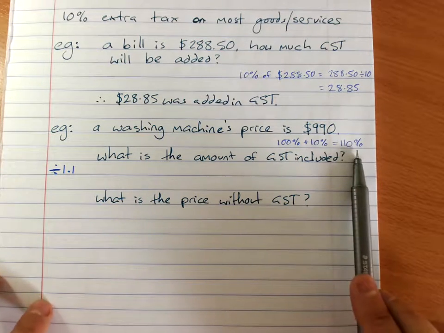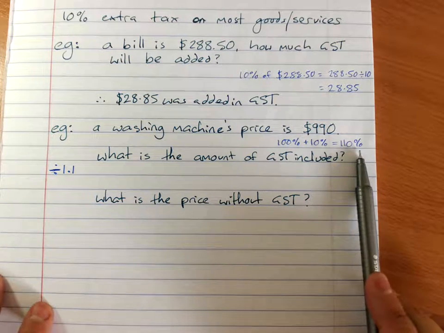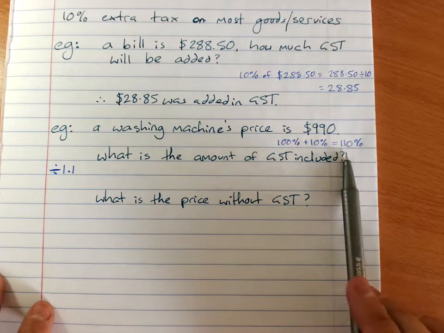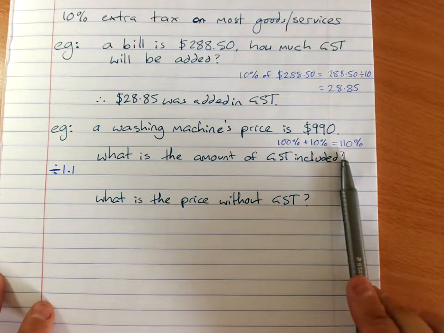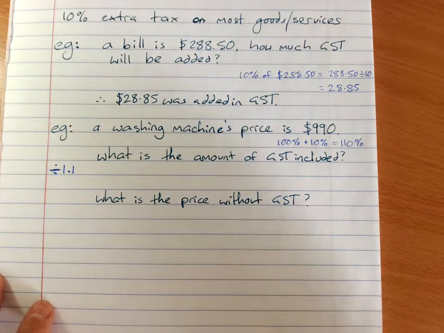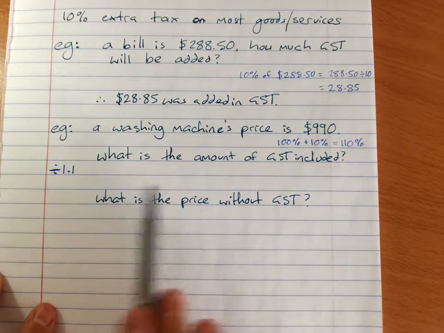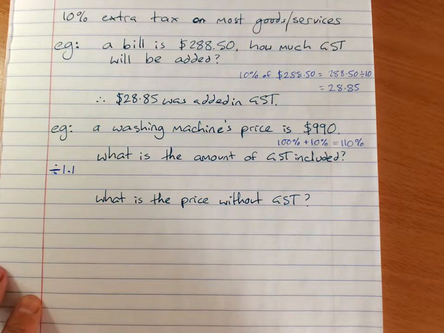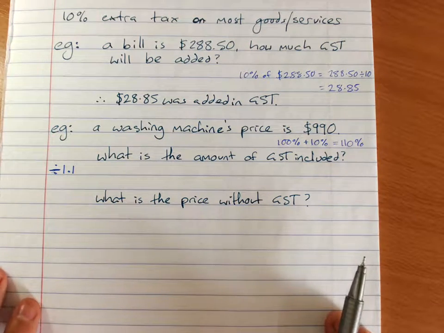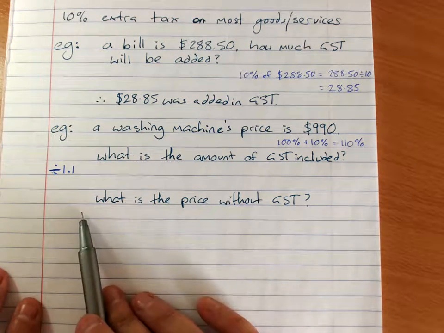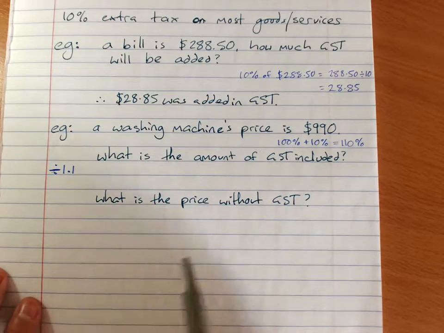So if I wanted, I can divide by 110 and times by 100 to find 100%. That does just get a little bit annoying. So instead, we can divide by 1.1 to get the amount of GST.